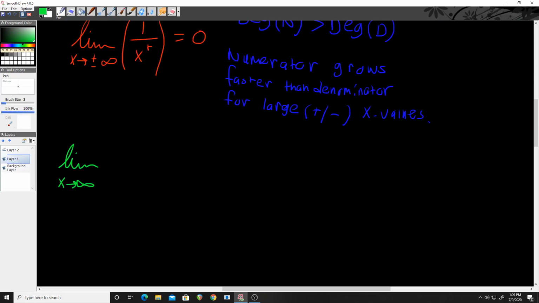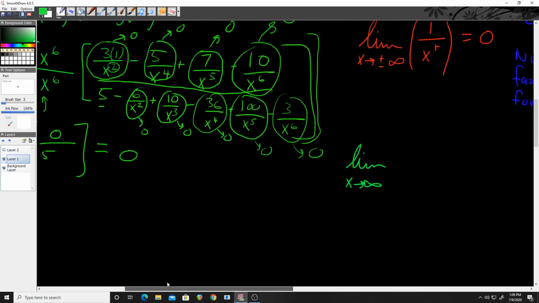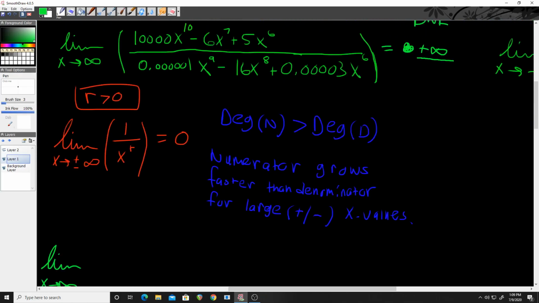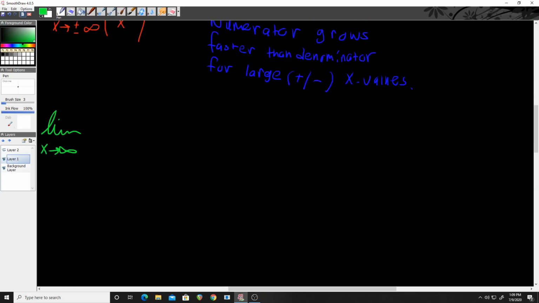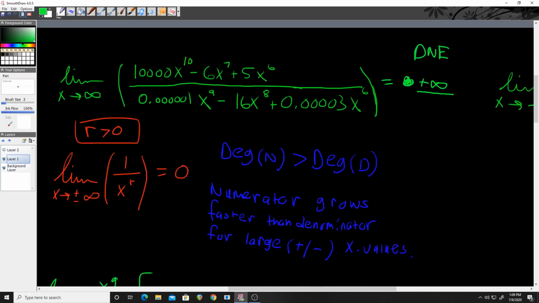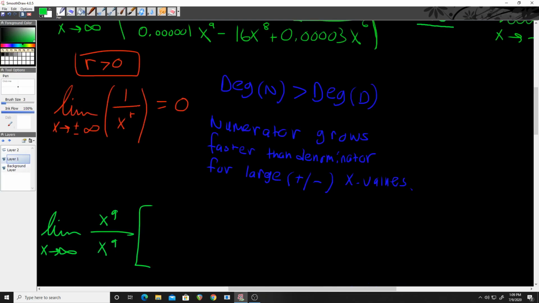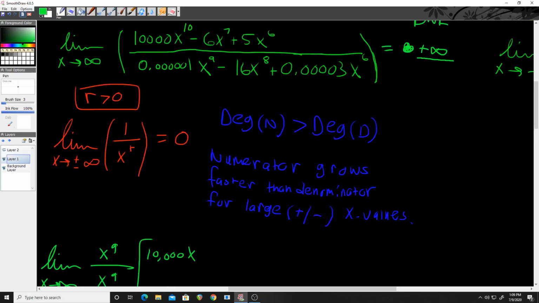So we do it the same exact way we did this one. We're going to rescale according to the denominator. The highest power in the denominator is x to the 9. I'm going to factor x to the 9 from the top and the bottom, both. This will leave me with 10,000. And then 10 minus 9, I have x to the power 1 left.